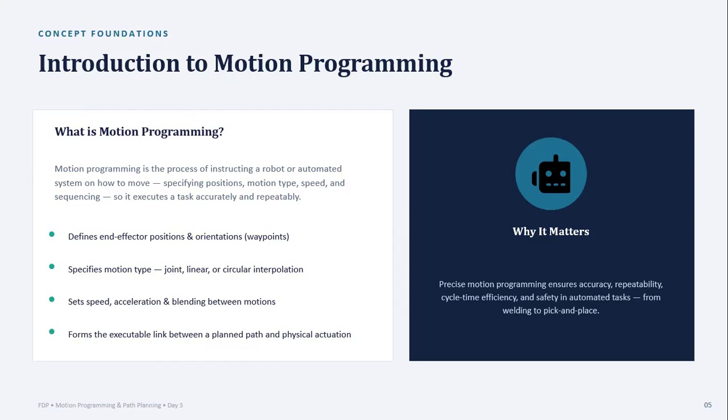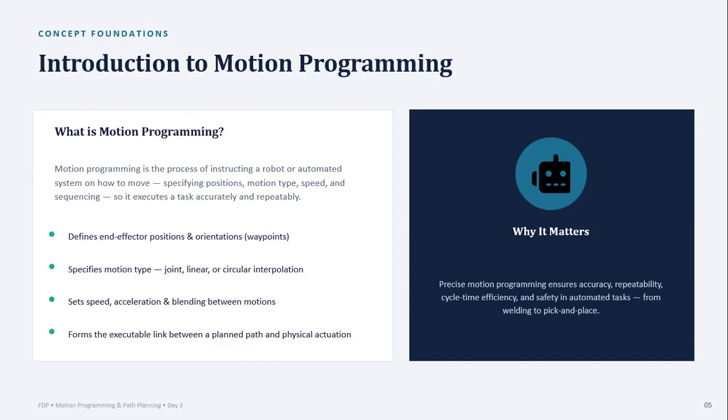In the next phase, we are going to discuss an introduction to motion programming fundamentals in industrial robotics. Motion programming refers to instructing a robot on how to move. It specifies the robot positions, orientations, different motion types, speed, acceleration, and sequence of operations.